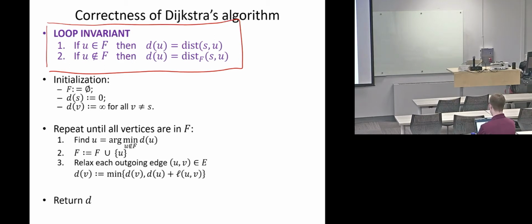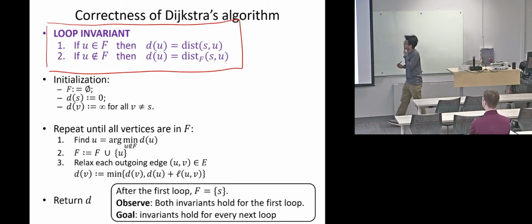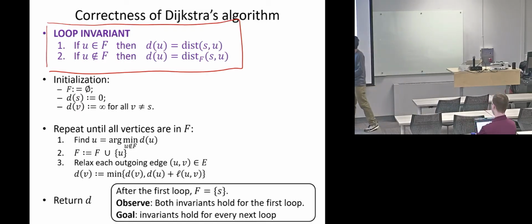Let's say that at least after the first loop, both invariants hold. After the first loop, what do we have? F is just s.